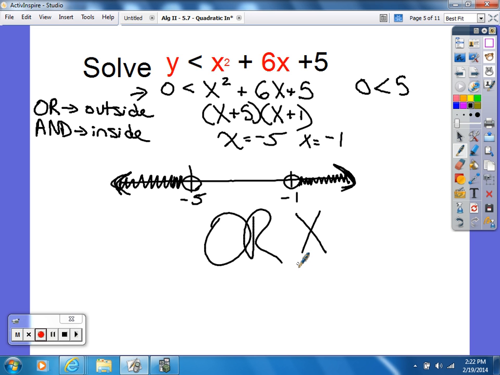All right. X is what compared to negative 1? Is it greater? Is it less than? It's greater. Notice it's being shaded greater. Does that make sense? How about over here? X compared to negative 5. Am I shading bigger or smaller?